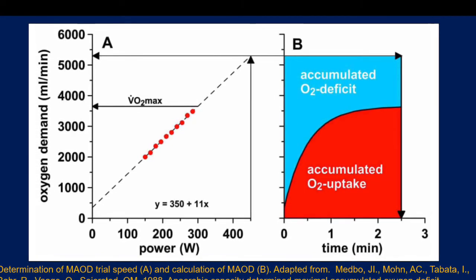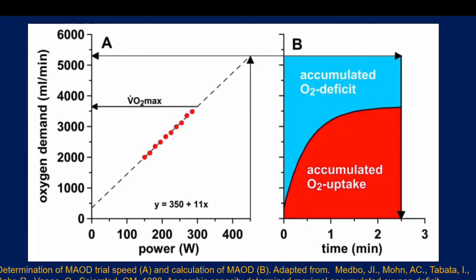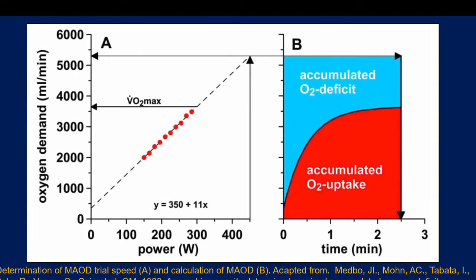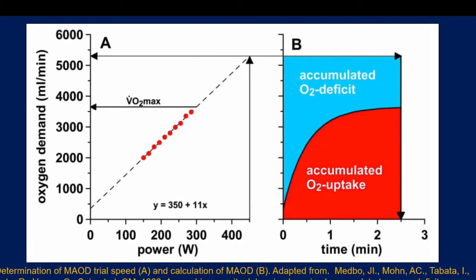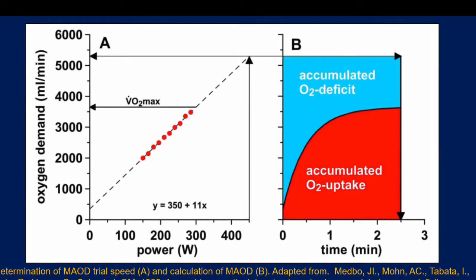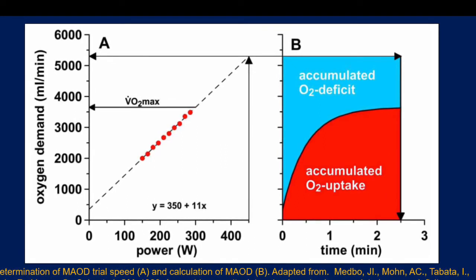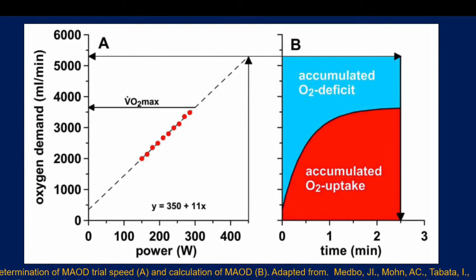Now, the limitation lies in this because the assumption is made that there is a linear association between exercise intensity and VO2. That assumption holds true for anything up to the lactate turn point, or you may have heard this as the lactate threshold. Once we move beyond the lactate threshold, we lose linearity because we engender things like a slow component in VO2 once we move into the heavy and severe domains.